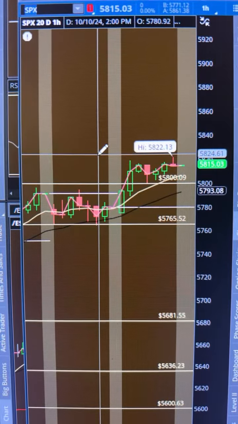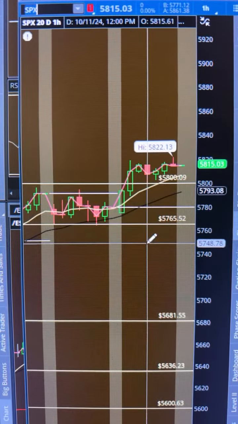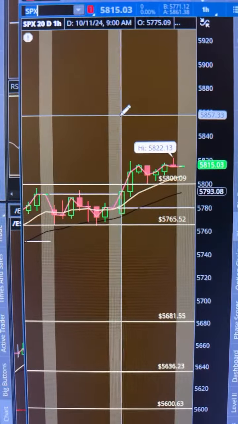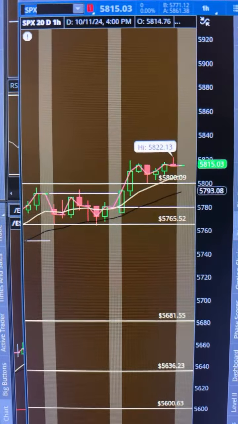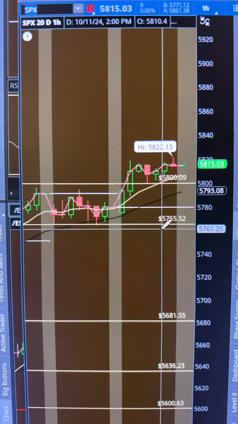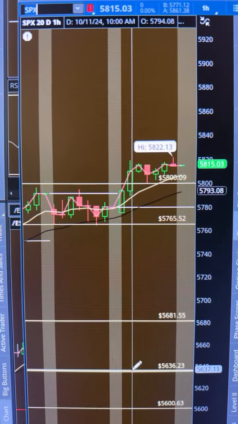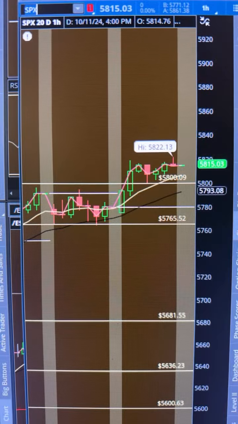It went to high of day, and that's exactly what you want anytime you take a retest bounce. It worked out really well. So we have the 5800 level, 5765, 5681, 5636, and 5600. Those are the levels we have on watch this week.